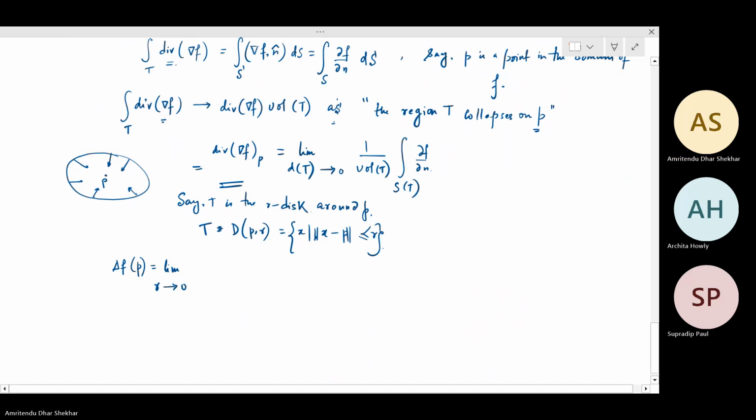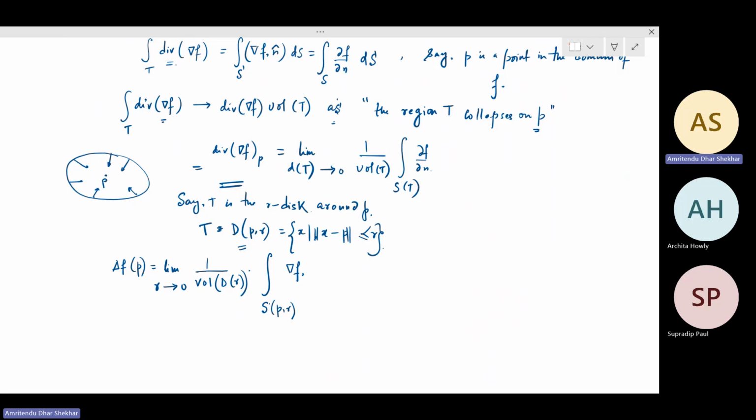as R tends to 0 of 1 by the volume of the R disk, times the integration over the boundary of this disk, let's call it S of P comma R, of del f upon del n, which is basically grad of f dot product with the unit normal vector field.